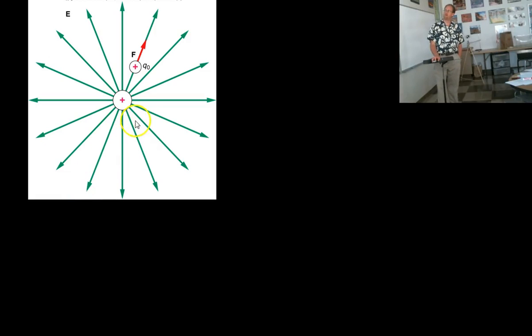So this is an example of a field that's been drawn with lines, and we always draw the field lines going away from a source of positive charge. If this had been a source of negative charge, all the arrows would have been pointing towards it. The arrows point away from a source of positive charge and toward a source of negative charge.